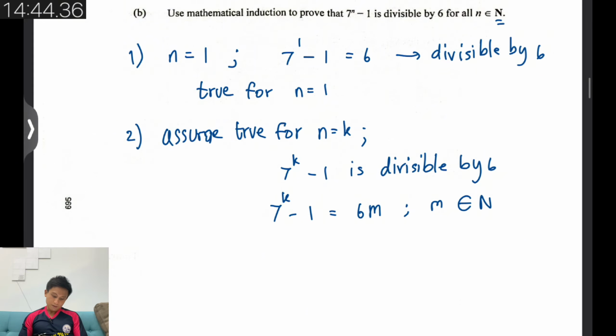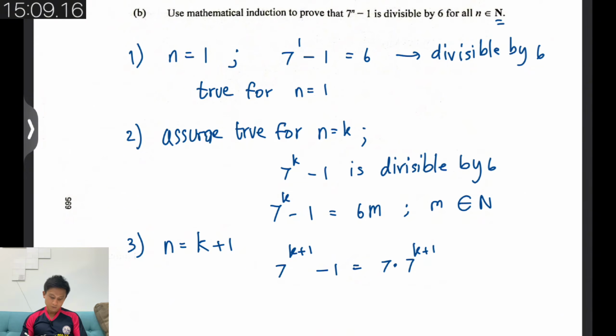Well, we have this already. And now the inductive step: we're going to let n equals k plus 1, just one more than the assumption. So what are we getting here? We're going to get 7 to the power of k plus 1 minus 1. If we derive this, we get 7 times 7 to the k, minus 1.